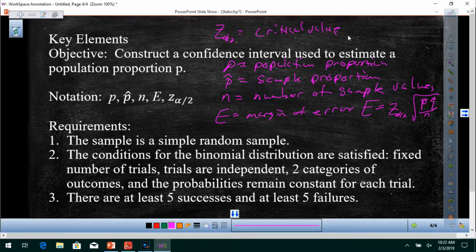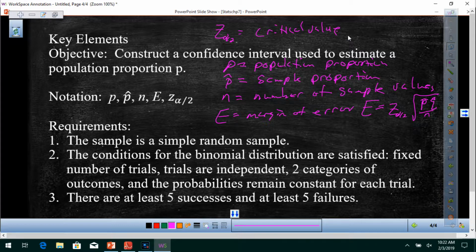So the requirements. The sample is a simple random sample. Conditions: the conditions for the binomial distribution are satisfied. Fixed number of trials. Trials are independent. 2 categories of outcomes, success and failure.